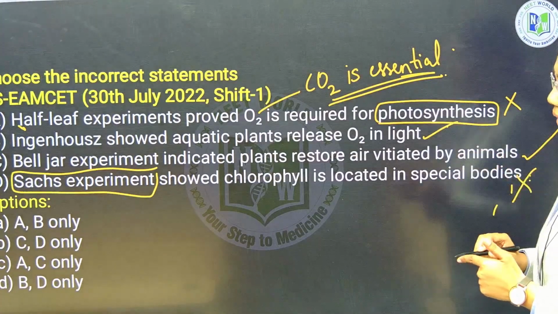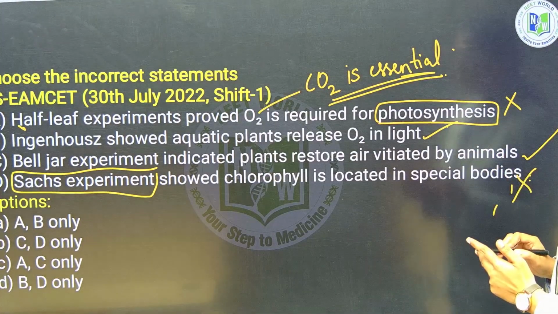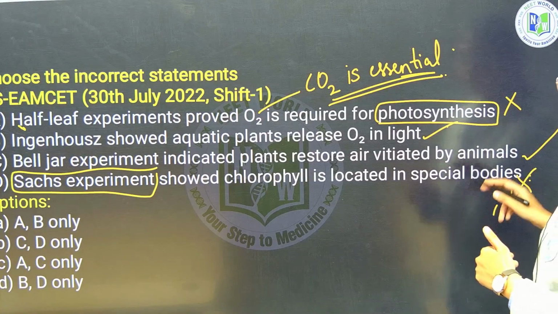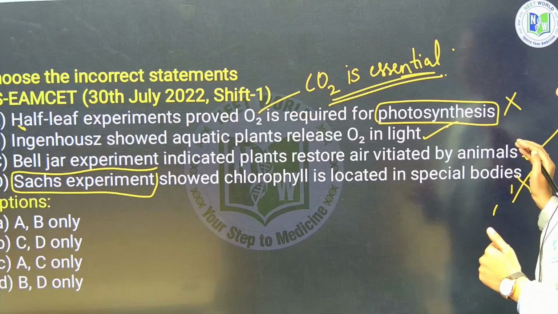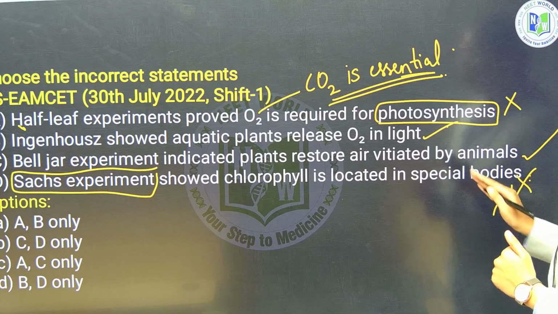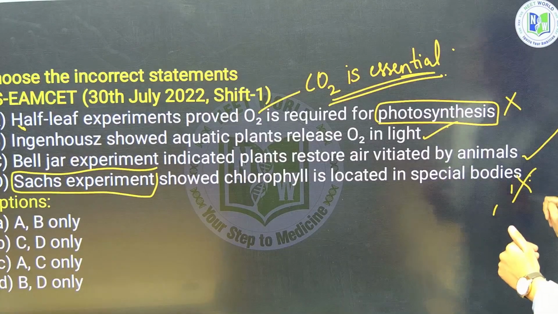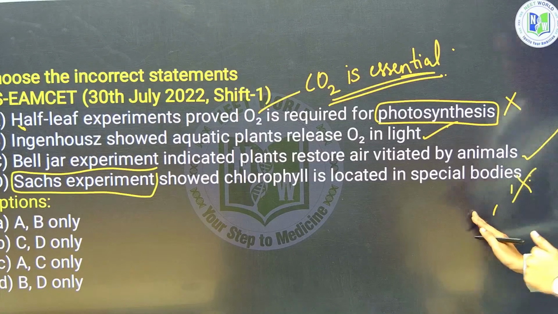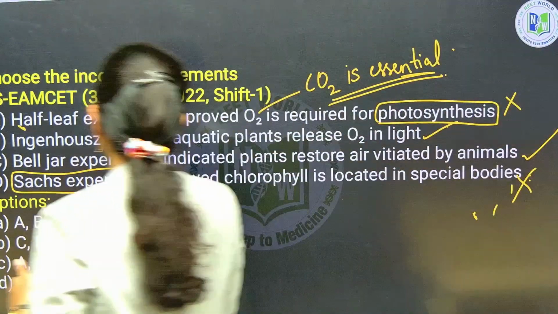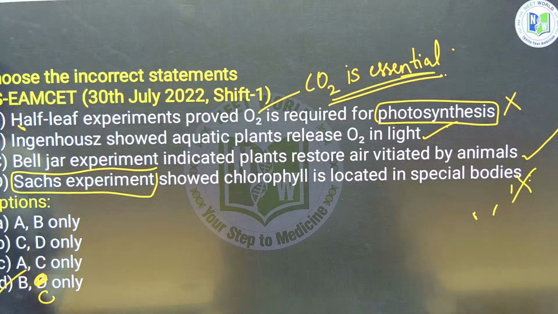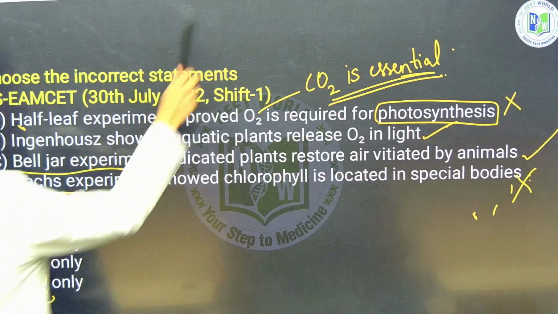The bell jar experiment indicated plants restore air vitiated by animals. The Sachs experiment showed that chlorophyll is located inside special bodies? His experiment was to prove glucose is the end product. So here you can go with B and C, option D. Clear? Next question.